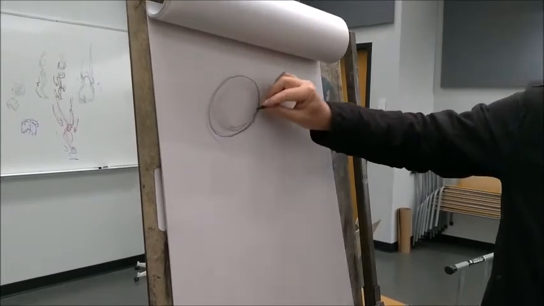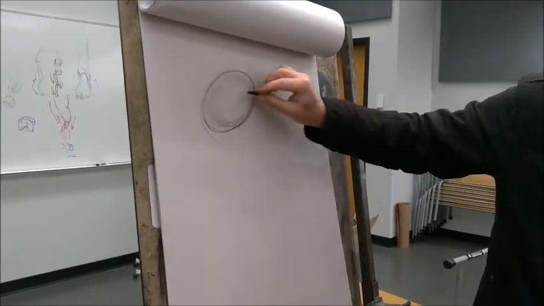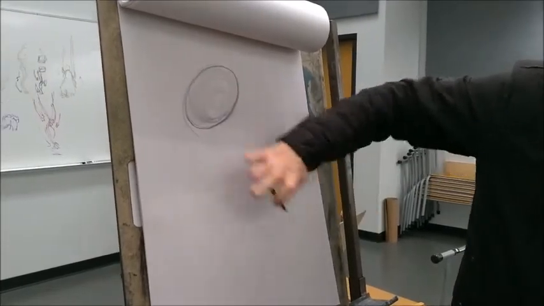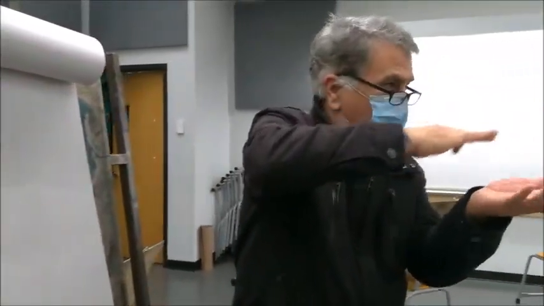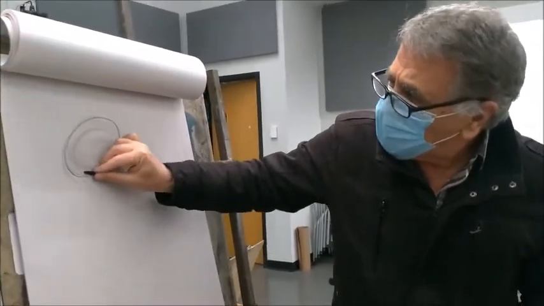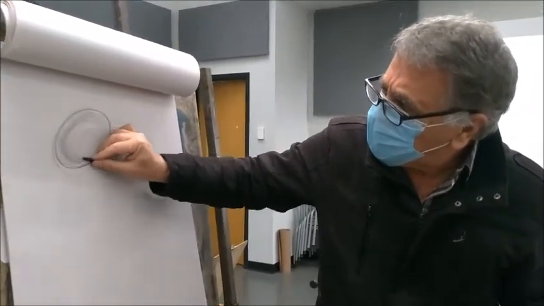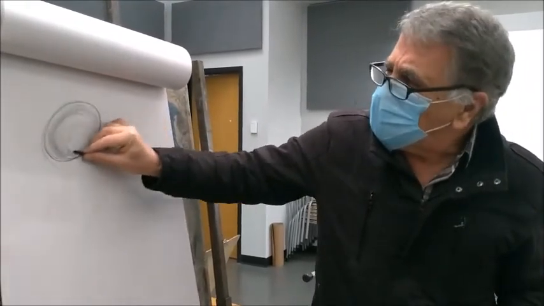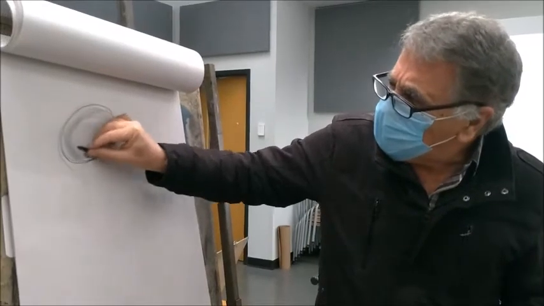I'm using this kind of contour. The cross section is going like that. If the egg is like that, it's going like that, right? And then you can sort of create the 3D illusion of an egg, right?